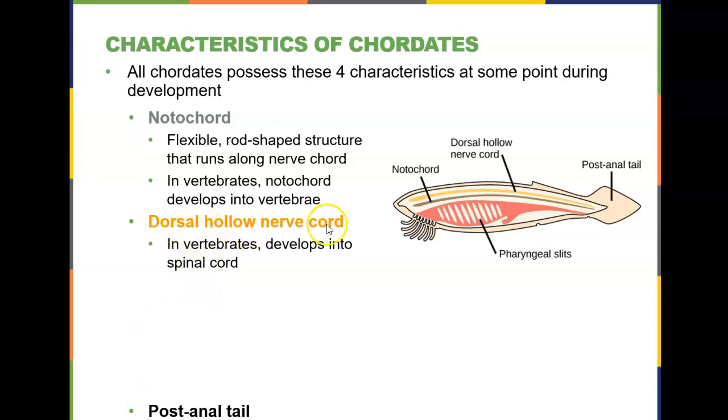Now, the dorsal hollow nerve cord that I mentioned and is shown here in yellow, in vertebrates, this will develop into the spinal cord. So this is nervous tissue, while the notochord will develop into either cartilaginous or bone structure that protects the nervous tissue.